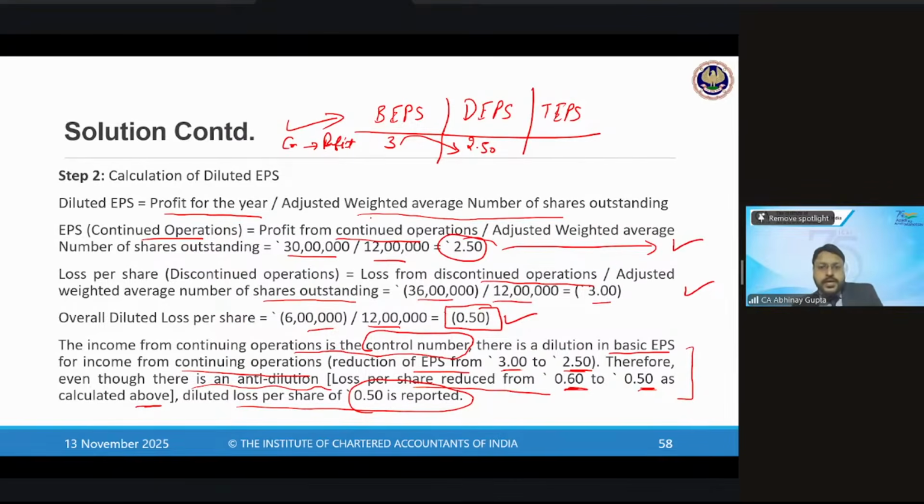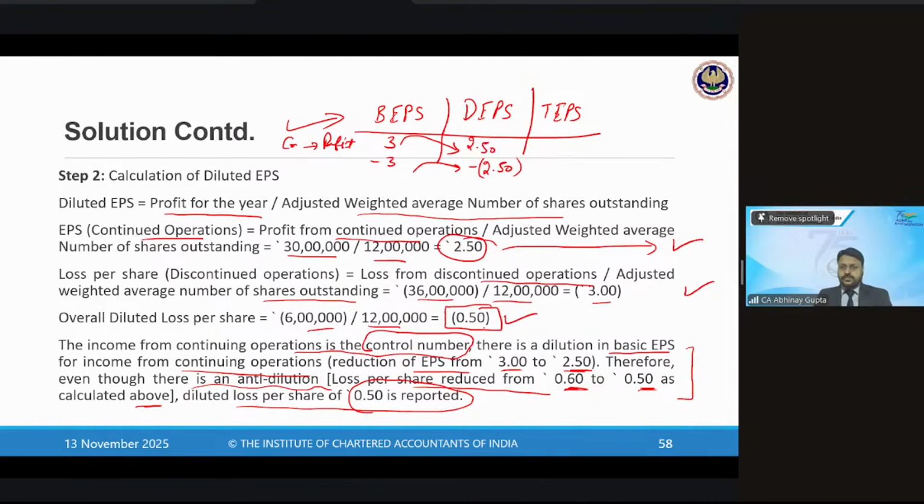Another example, if basic was say minus 3, for example, and it was getting dilutive to minus 2.5, then what would be the diluted earning per share in this case? It's an increase of 0.5. So instead of getting reduced, it is actually an increase. So we will ignore. So in this case, what would be my diluted? 3 only?